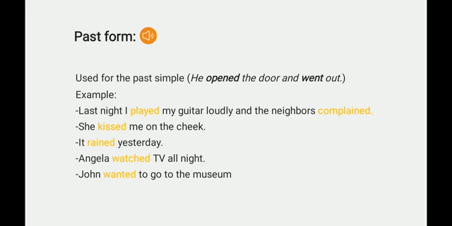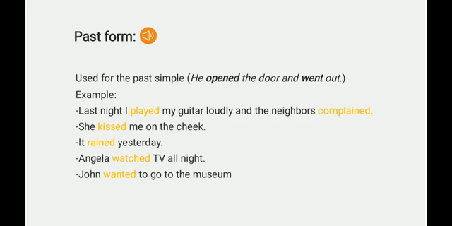So in the past form, you use the past simple. How do we come to know that something has happened in the past? Like if you say open, then you want to say opened. Now when you say opened, it already means that it happened in the past.